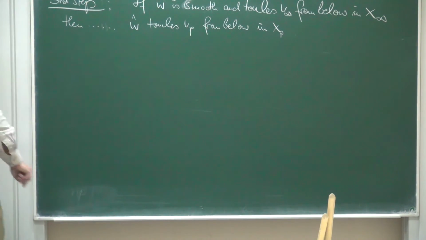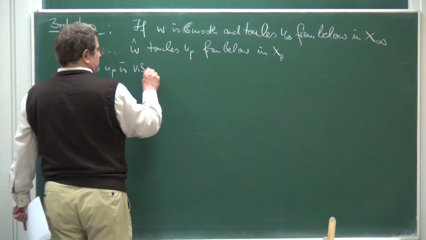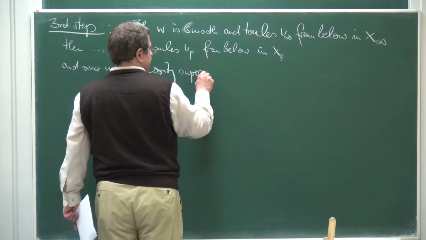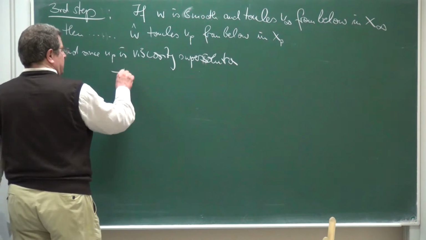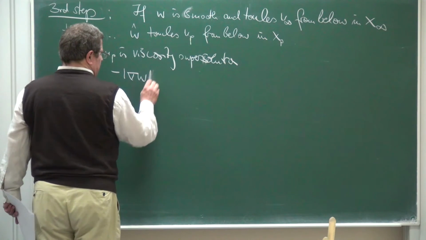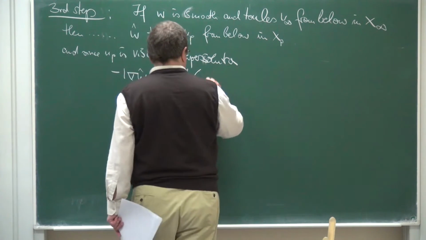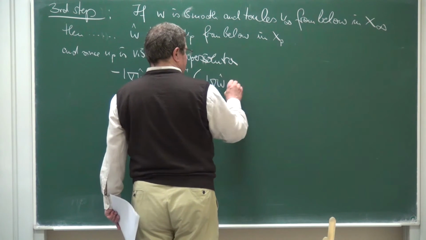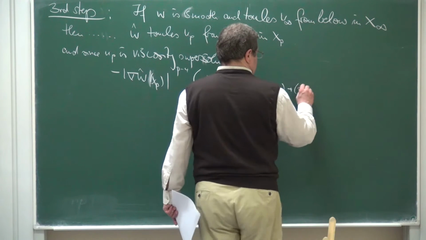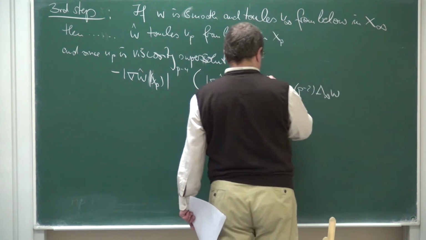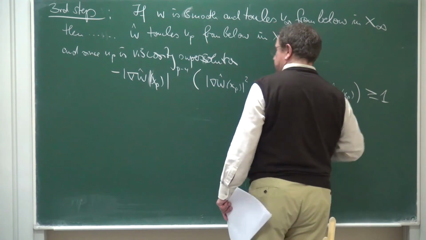And then we use the reverse inequality here. And since up is a viscosity supersolution, we have that minus the gradient of W hat in xp to the power p minus 4, and here same expression with W, the gradient of W hat in xp squared times the Laplacian of W in xp plus p minus 2 times the infinity Laplacian of W hat in xp. This is greater or equal to 1.